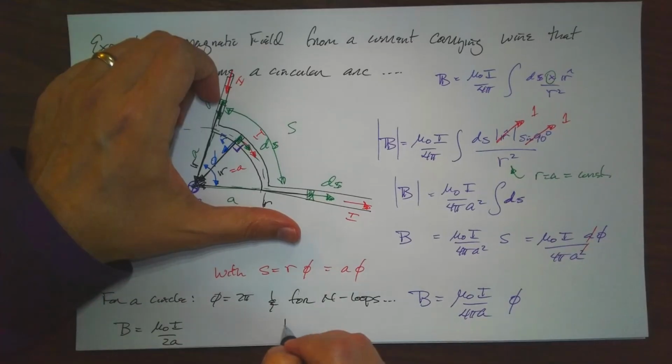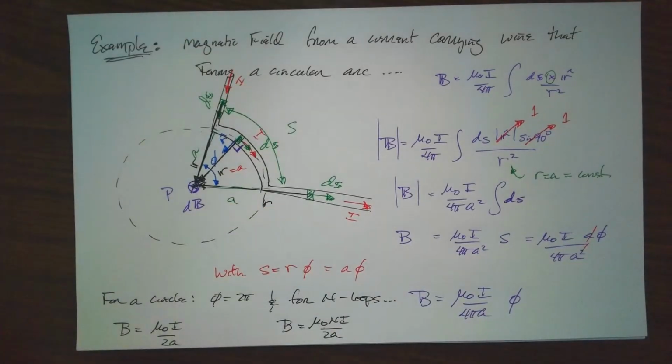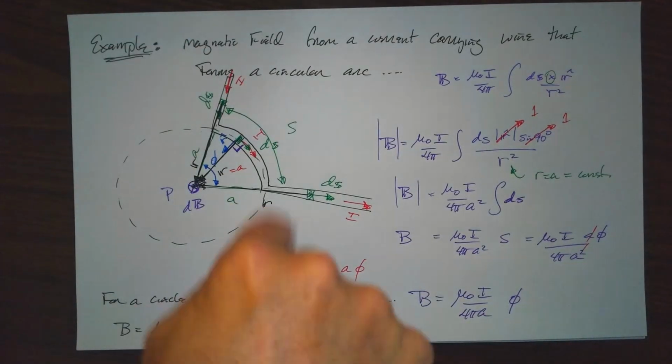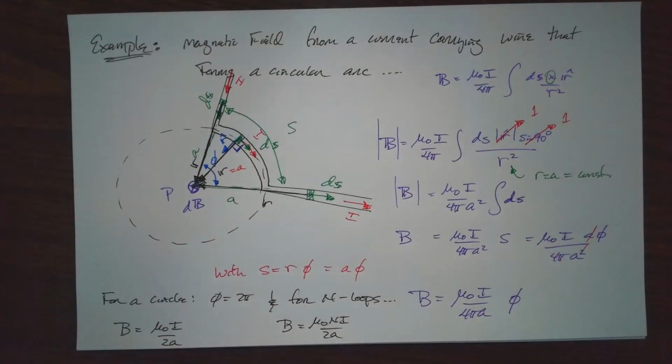And for n loops, you just multiply by n. If that's n turns on a flat circle, you get mu naught n I over 2a, or n times mu naught I, or I don't care how you want to write it. It's all the same. Oh, one thing that is important.